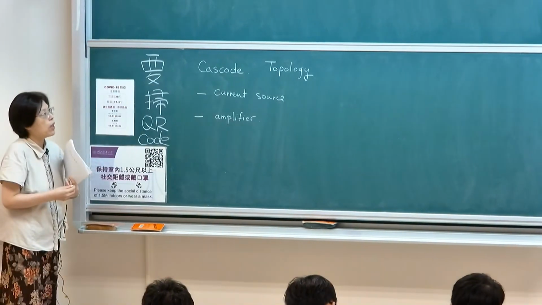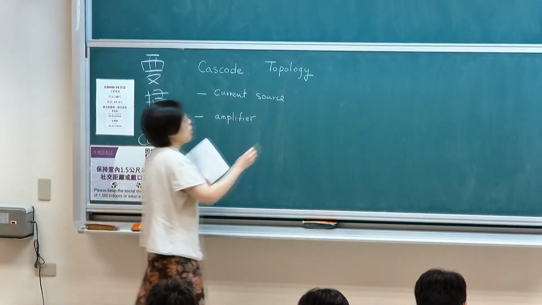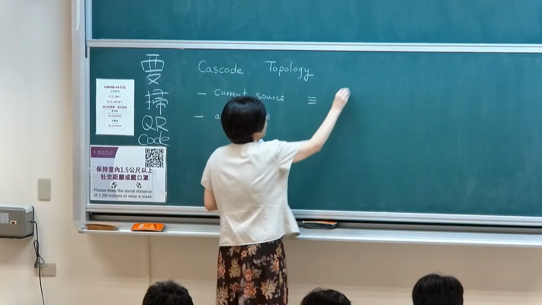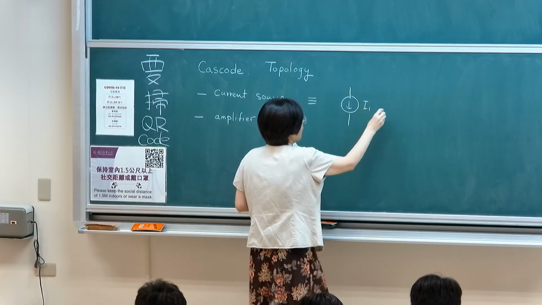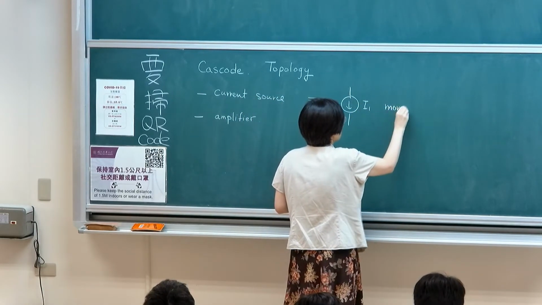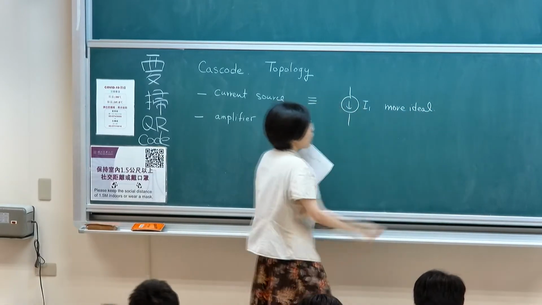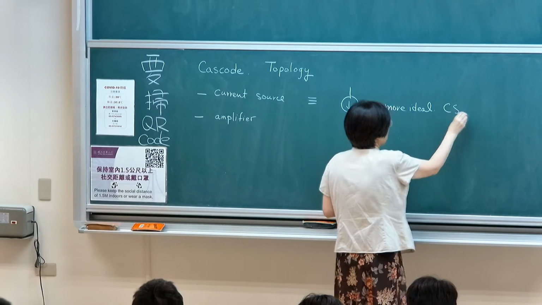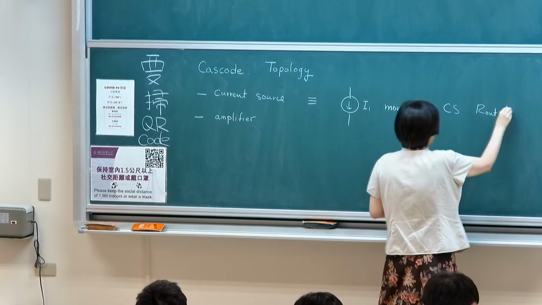So typically, when we use a cascade structure, you mainly want to substitute something. You want to have a more ideal current source. You want to deliver a more ideal current source, meaning that typically it has a flatter input output resistance.